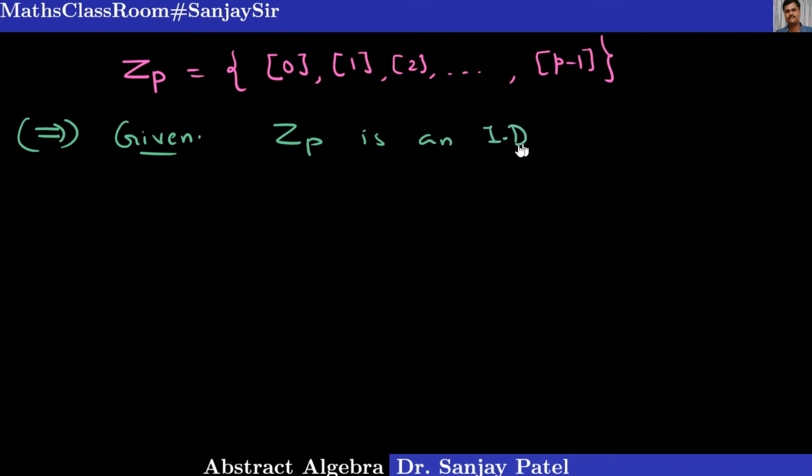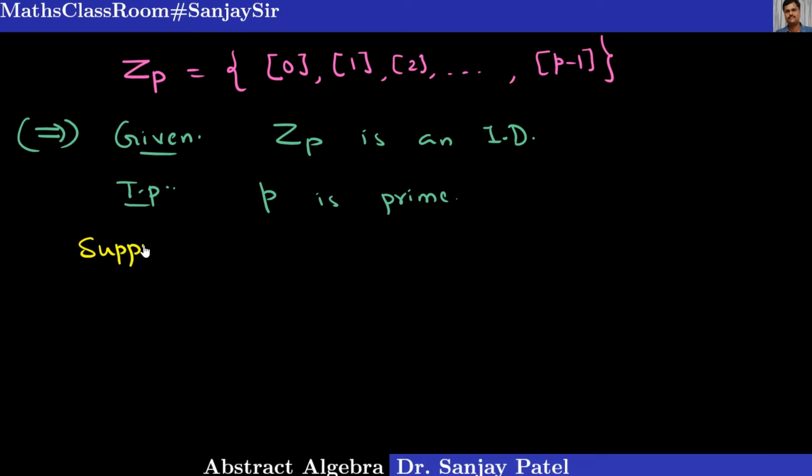You know what is an integral domain? It is a commutative ring with unity without any zero divisors. And we want to prove that p is a prime number. This I will be proving by contradiction.